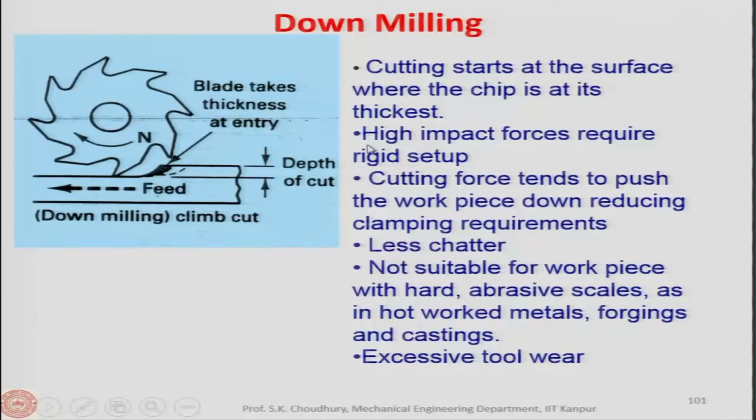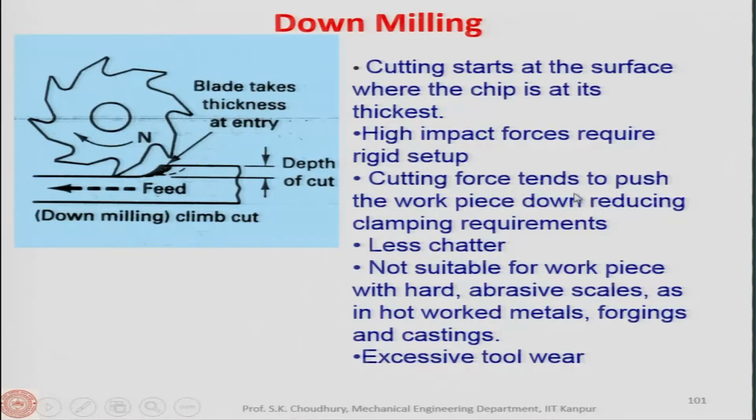Similarly, in down milling, when the tool grabs with the maximum uncut thickness t1, the impact loading is very high. High impact forces require a rigid setup. So, that needs a very rigid setup in the milling machine table where the workpiece is clamped.